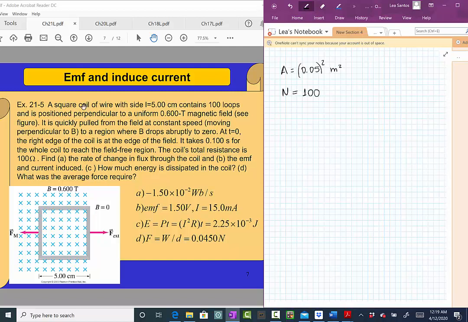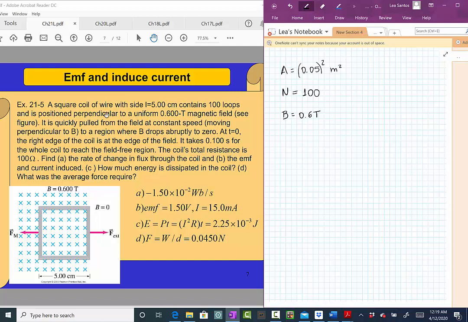This square loop is positioned perpendicular to a uniform magnetic field of this value. So we got here two more pieces of information: the magnetic field is 0.6 Tesla, and they also told us about the angle, because they say that this field is perpendicular.